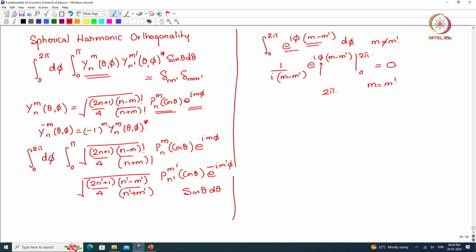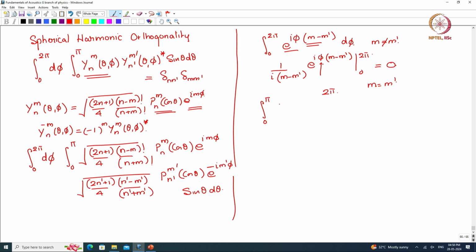Okay. So let us say we have done the m or the phi integral. We are now left with the integral 0 to pi, and m has to be equal to m'.